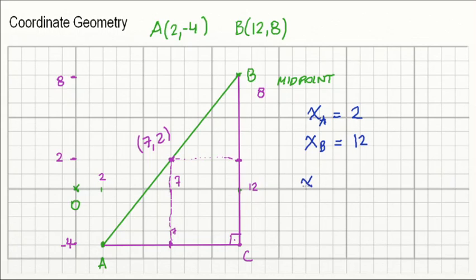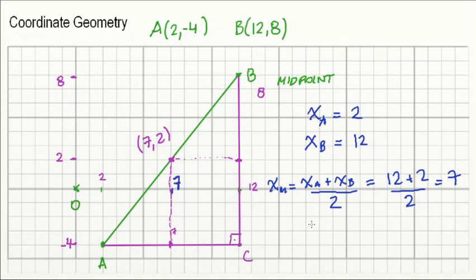If we take the average of those two values, so we sum xa plus xb, that would be 12 plus 2 over 2, which is 7. And that is the x-coordinate of the midpoint.